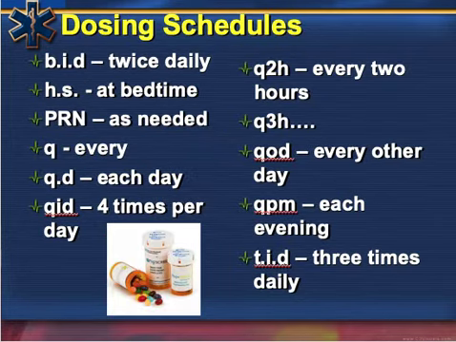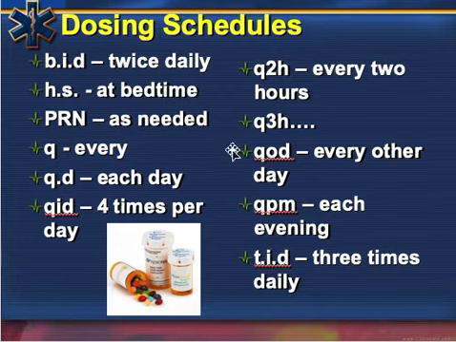Next, we're going to move on to looking at dosing schedules for different medication. So you may see these dosing schedules listed on your patient's medication labels. You may see it on patient's charts if you're looking at paperwork, during interfacility transfers, or sometimes when you're receiving patients from AIR, there may be patient charts. And also then you can utilize this in your own documentation in the medication area.